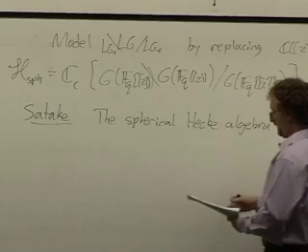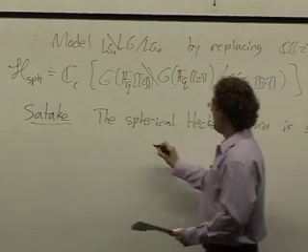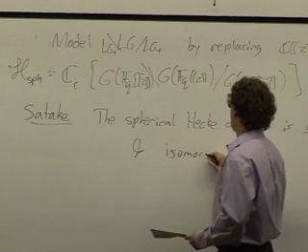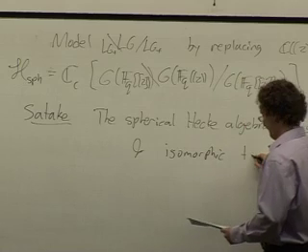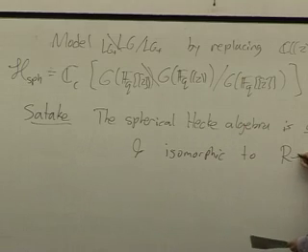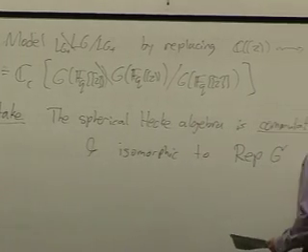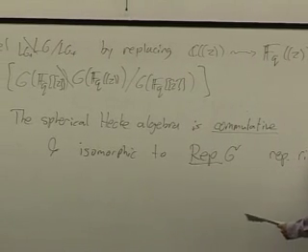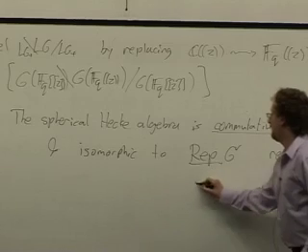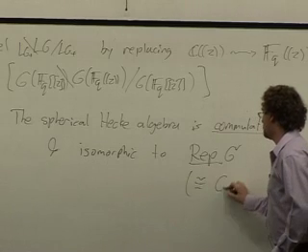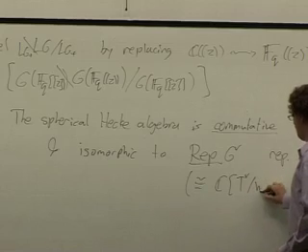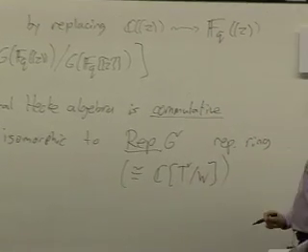So I have this subalgebra, which is commutative, and in fact it's isomorphic to the representation ring of this dual group, which is, if you'd like, functions on the torus up to the Weyl group, complex valued functions.